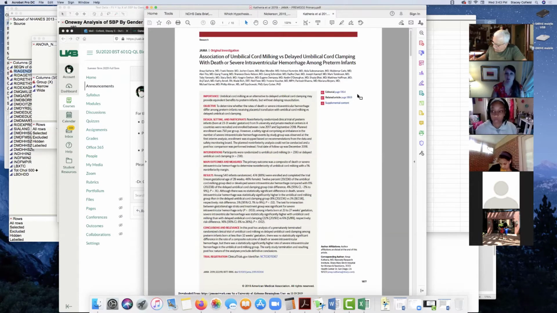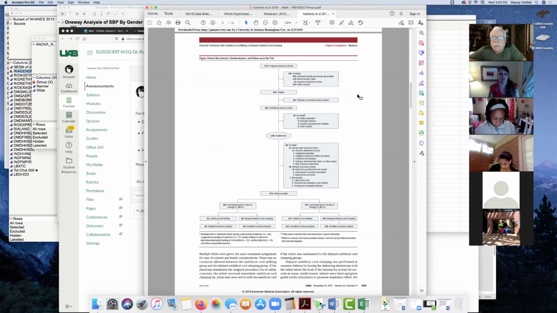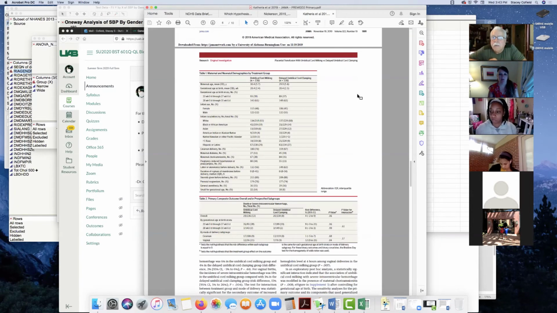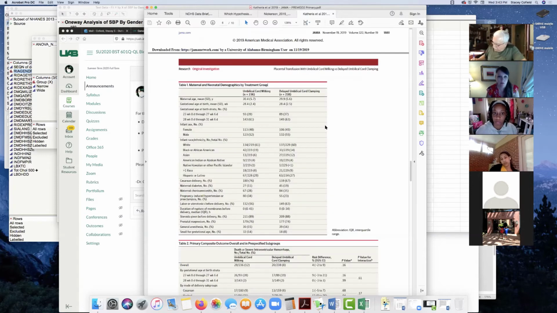So here's a different one in premature infants. This is a clinical trial, and you can see they've got the Table 1, the maternal and neonatal demographics by treatment group. It's just a little bit bigger. They've got the maternal age, gestational age, gestational age stratified, infant sex, infant race, cesarean delivery, maternal diabetes.